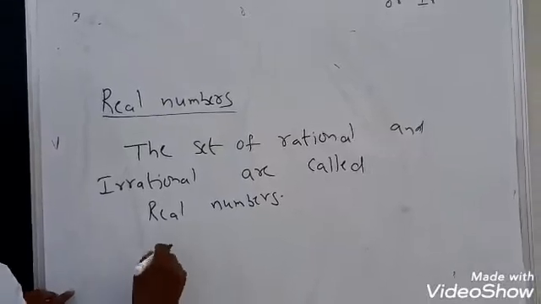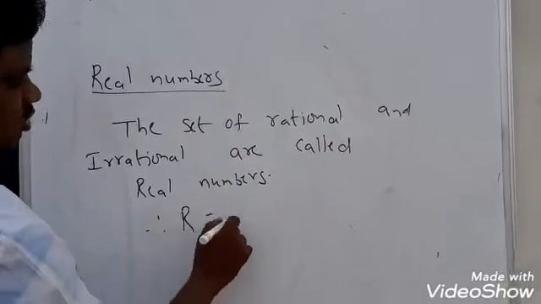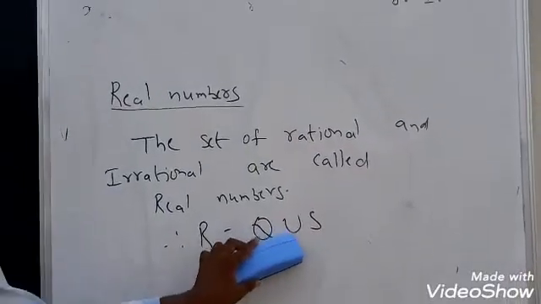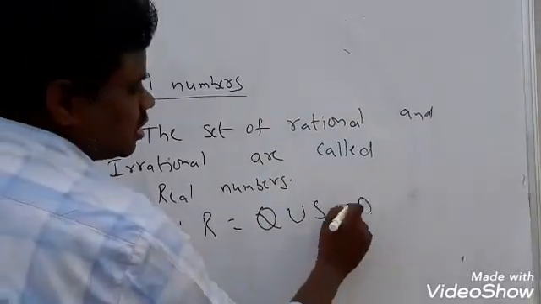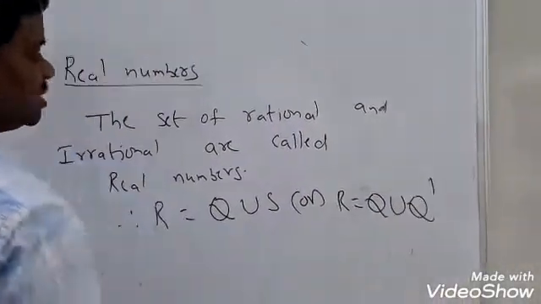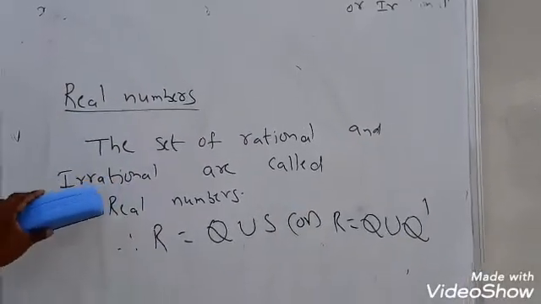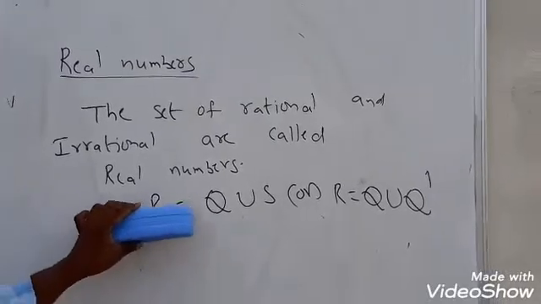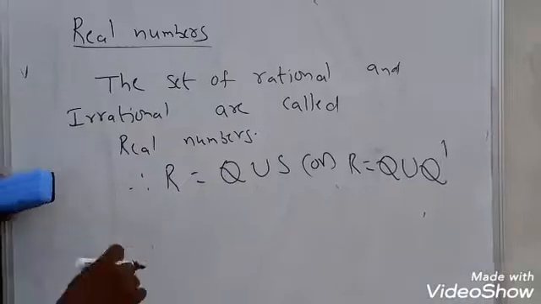Rationals are denoted by Q. So simply, R is equal to Q union S. That means the set of rationals and irrationals together are called real numbers, or R is equal to Q union Q dash.